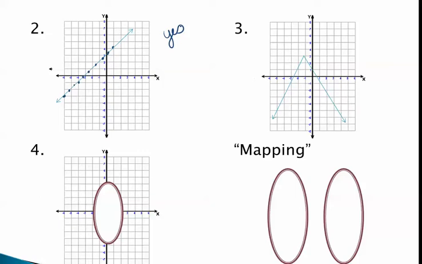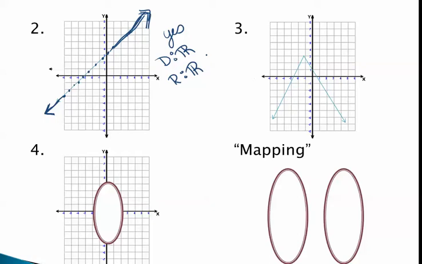Now, the domain is your x values, and you'll notice they continue going right and continue going left without a break. So our domain will be all real numbers. The same can be said for the range, meaning your y values: this is going up, and that is going down. So the range is also all real numbers.